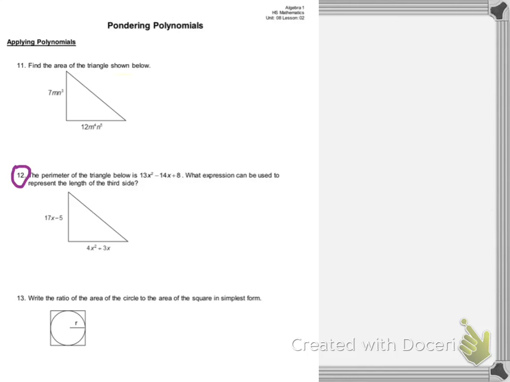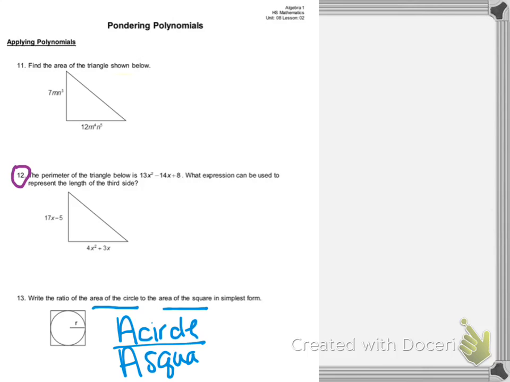So number 13 says, write the ratio of the area of the circle to the area of the square in simplest form. So ratio remembers division. So it says the area of the circle divided by the area of the square. So we're going to have the area of the circle, and we're going to divide that by the area of the square.